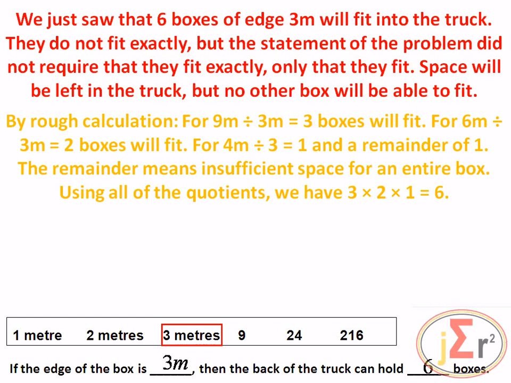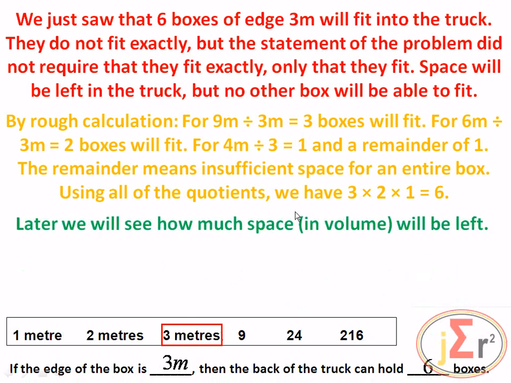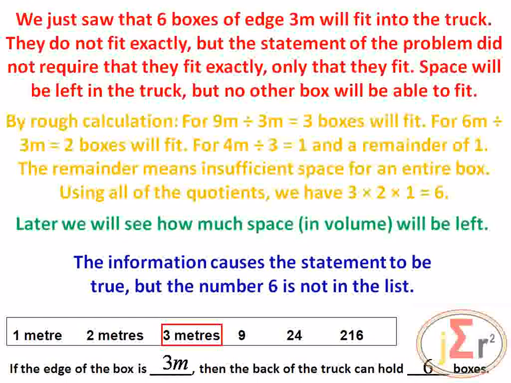So using all of the quotients, the first one goes in 3 times, the next one will go in 2 times, and the other one will go in 1 time, 3 by 2 by 1, and that is equal to 6. Later we will see how much space in volume will be left, so we'll take a look at that also.